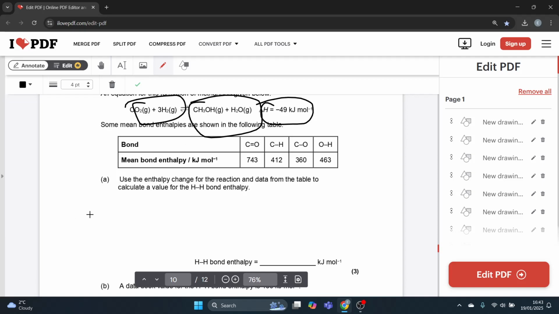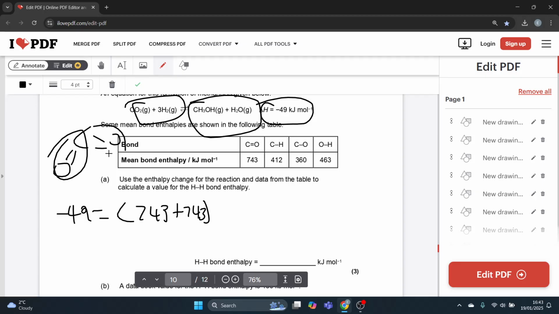So delta H is minus 49, so it's going to be minus 49 equals energy required to break bonds, carbon dioxide, so 743 plus 743, I've got 2 double bonds, plus 3 H2, but that's what I'm trying to find, so I'm going to leave that there.